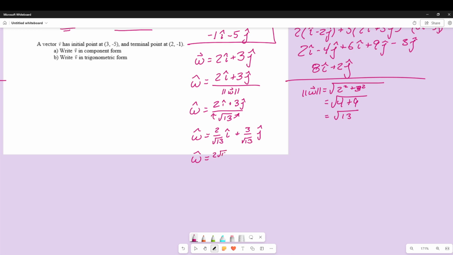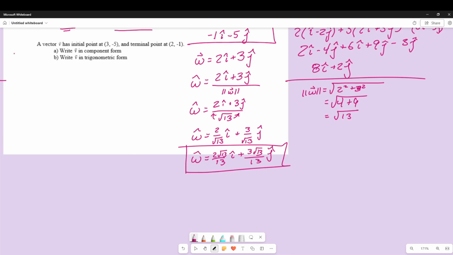So 2 square root of 13 over 13 in the I plus 3 square root of 13 over 13 in the j. But that's going to be our unit vector in W's direction. So essentially, it's the vector going in W's direction, where we've stripped off the meaningful magnitude and just left a direction in a unit vector.